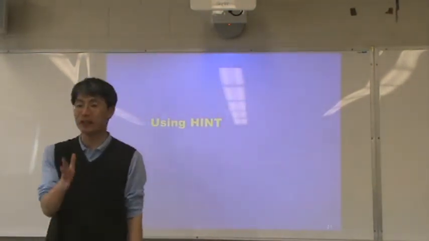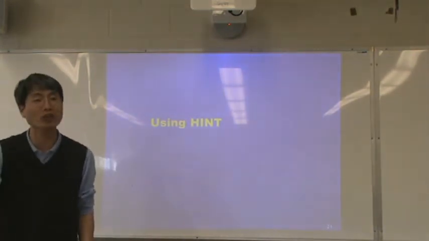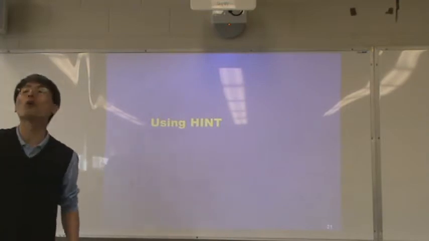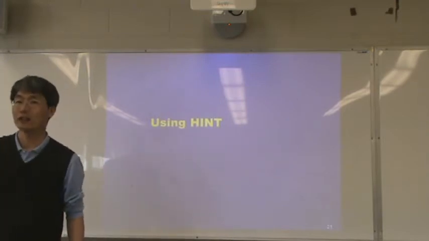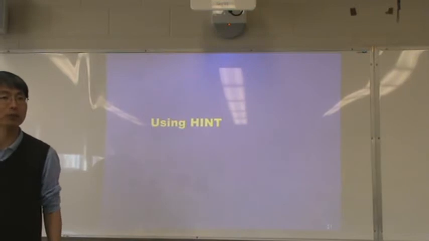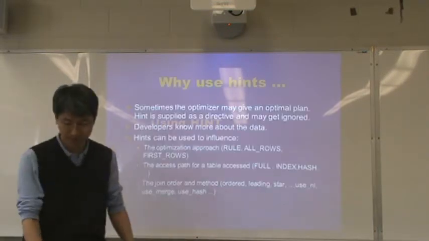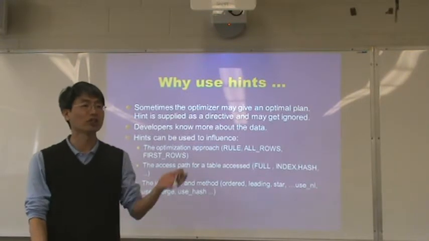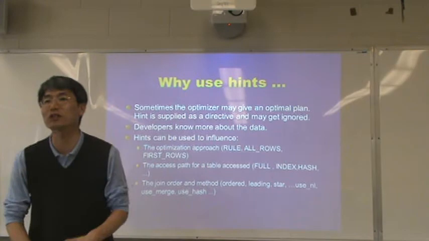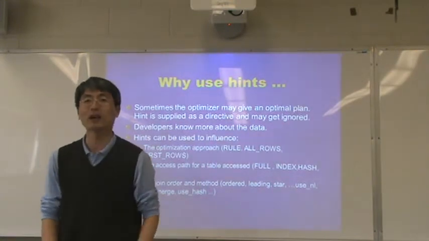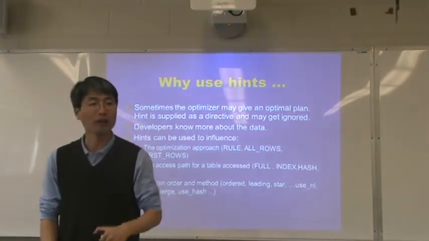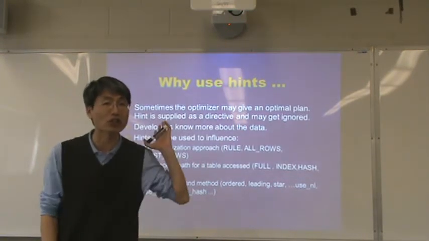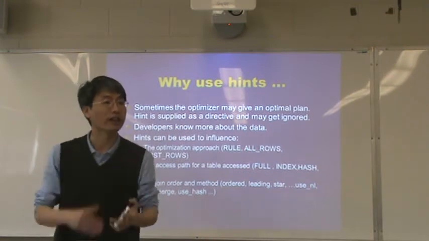If you believe this is a better, faster way than the Oracle Query Optimizer CBO output, then you can override such output of the Query Optimizer using the hint command. I'm not going to explain the details. It will take, I think, several days to explain only hints. But keep in mind there is a way to override the output of the Oracle Query Optimizer, which is the hint. You can later check and apply such a thing.